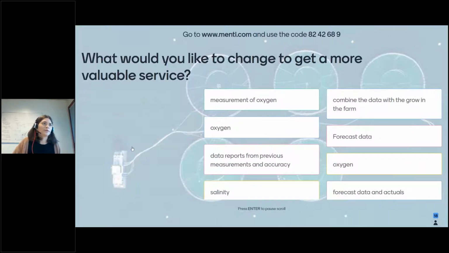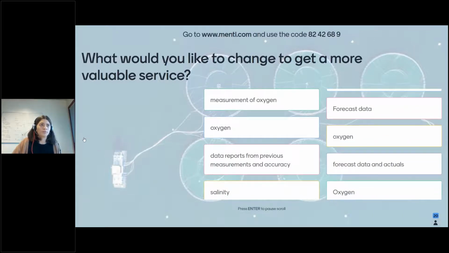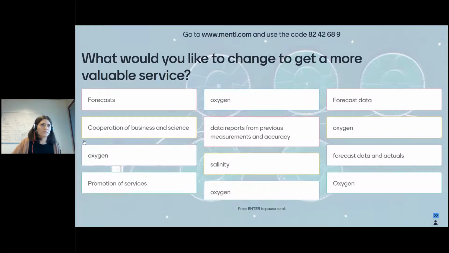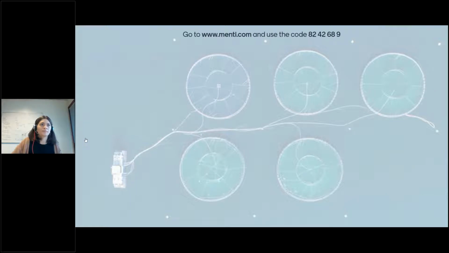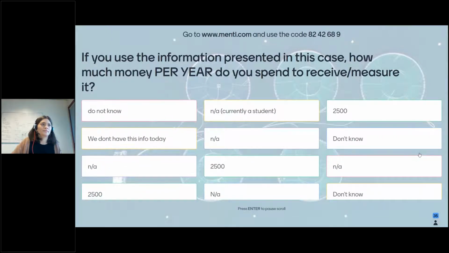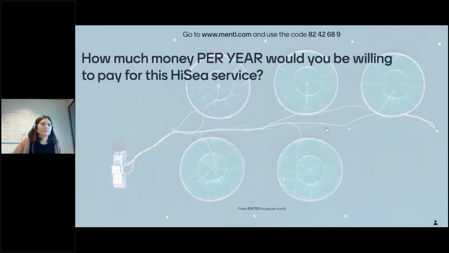I will go back to the previous slides and see if it is working now. Can somebody confirm if you can see the question? How much money per year would you be willing to pay for these HiSea services?